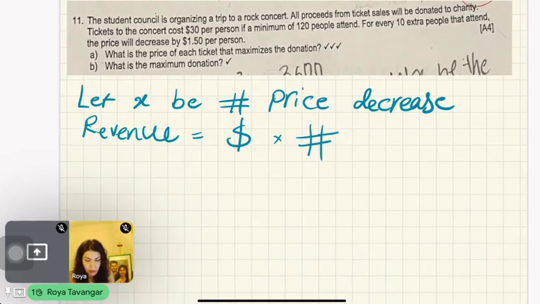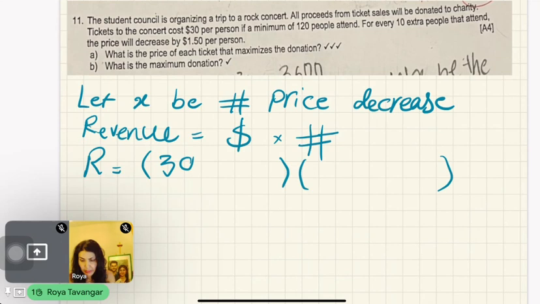So revenue is equal to, open two brackets, the first one is price, and the price is $30, but the price decreases for every 10 extra people.